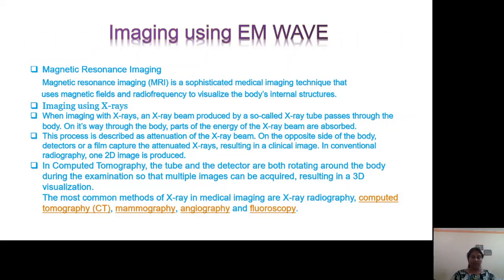X-rays are used in medical imaging, radiography, computerized tomography, CT scan, mammography, angiography. Different organs have different sensitivity to radiations. When the X-ray beam passes through the body, parts of the X-ray beam are absorbed by the body.